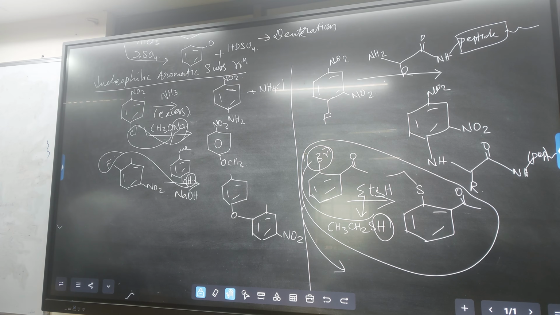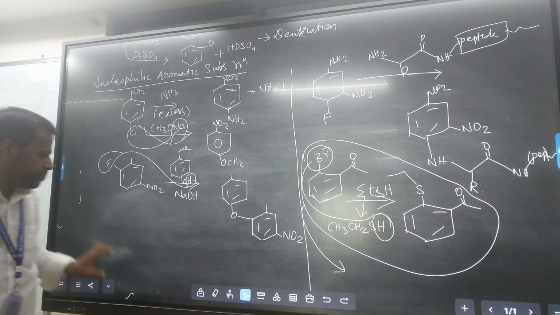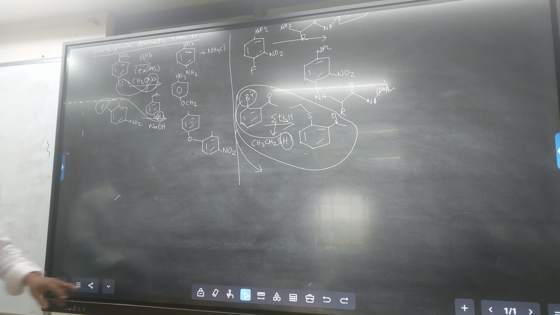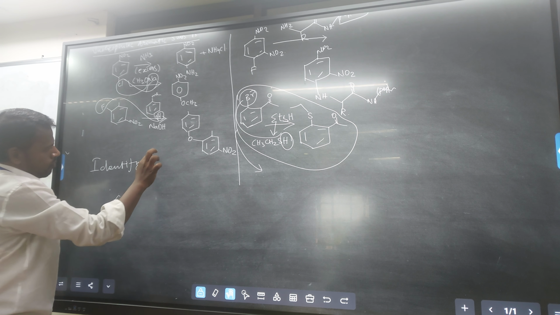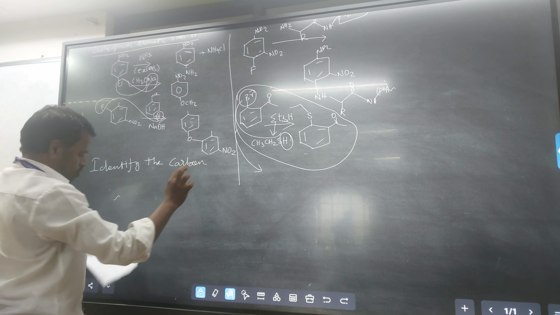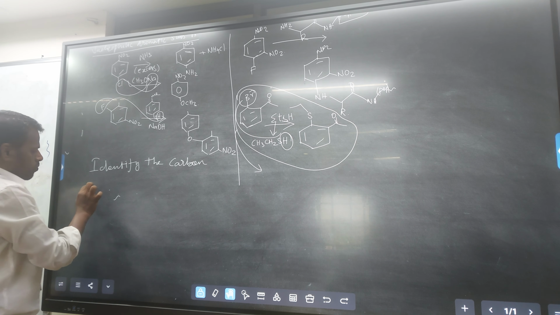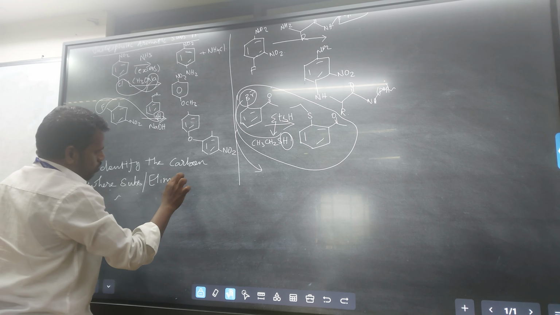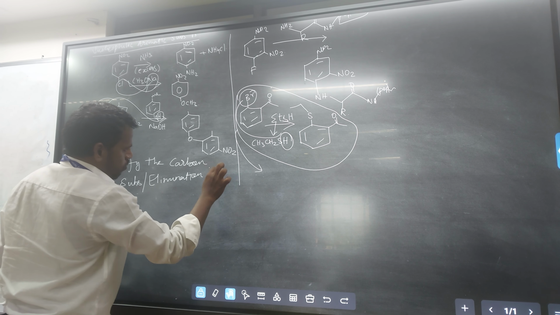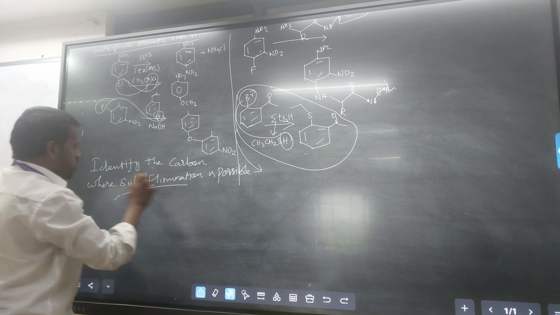Try to find whether that compound will go for the substitution reaction or the elimination reaction. You tell me. Try to do it quickly.